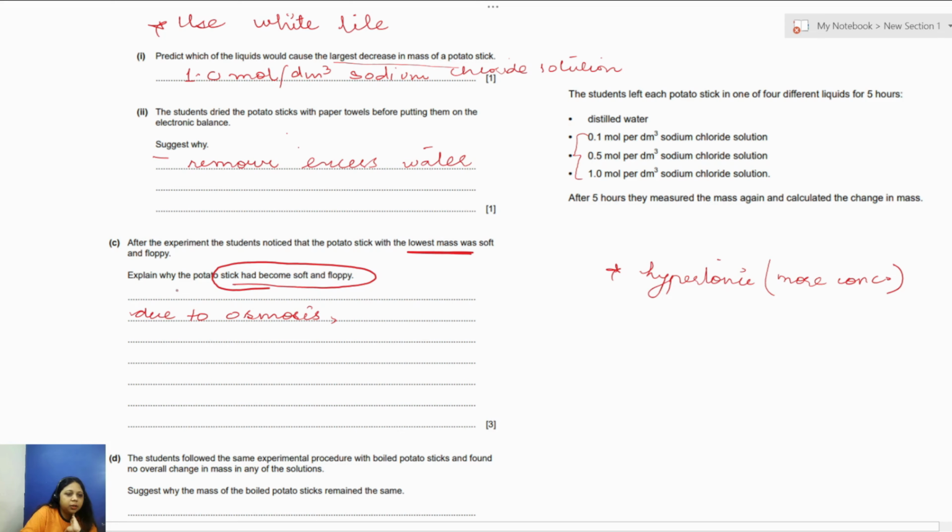There is less water outside. So due to osmosis, water would move out of the cell.